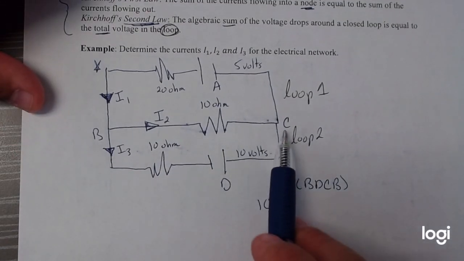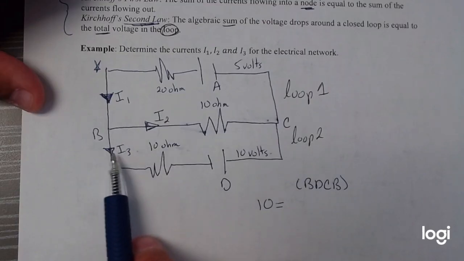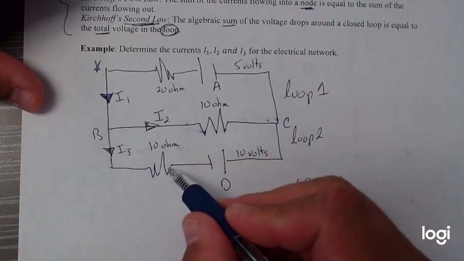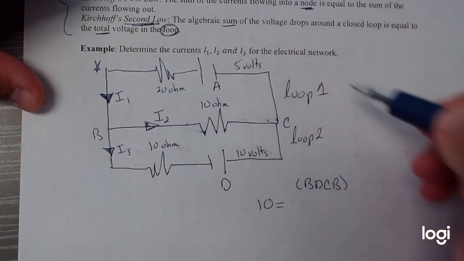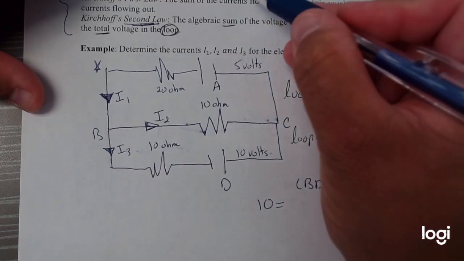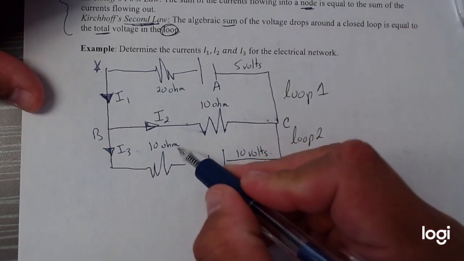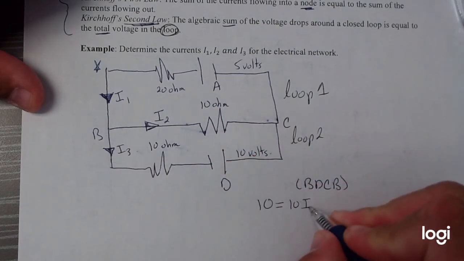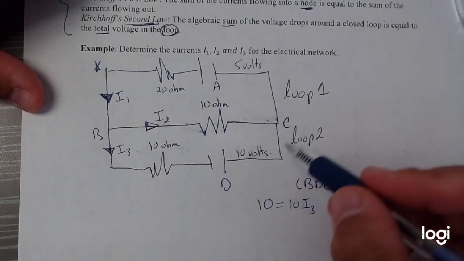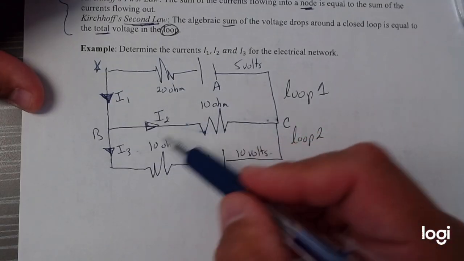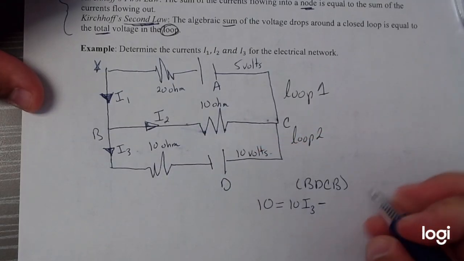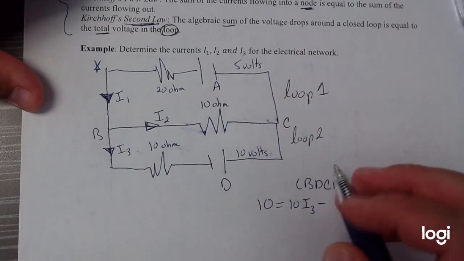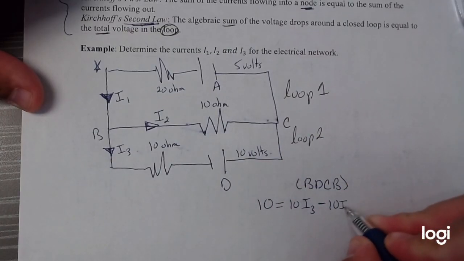Goes through here, and then comes back around. Now remember, this is going in the opposite direction. So we're going to have the voltage going back to here, right? It says the voltage drops, so V equals I times R, so our resistance is 10. So our current is 3, so it'll be 10 I3. And instead of plus, I'm going in the opposite direction of I2. So it'll be minus, again, the resistance, which is 10 I2.